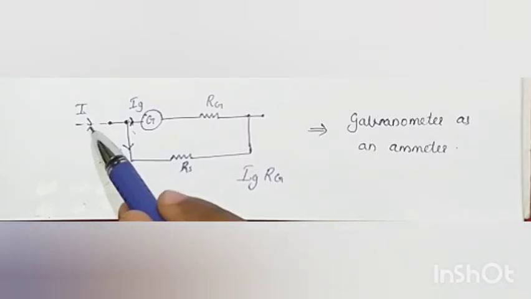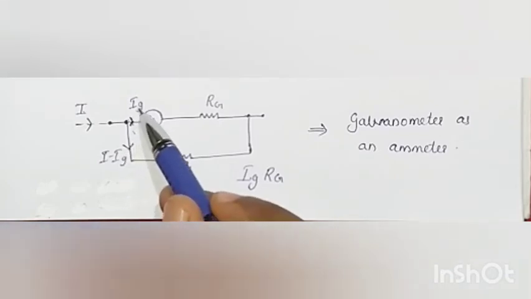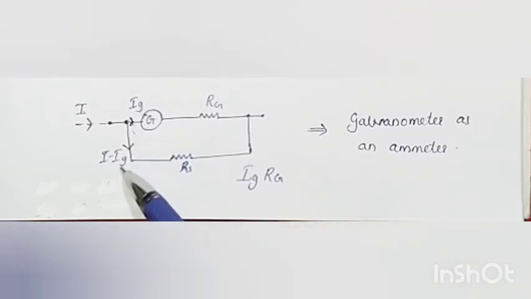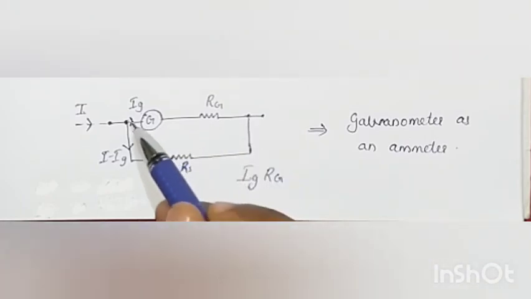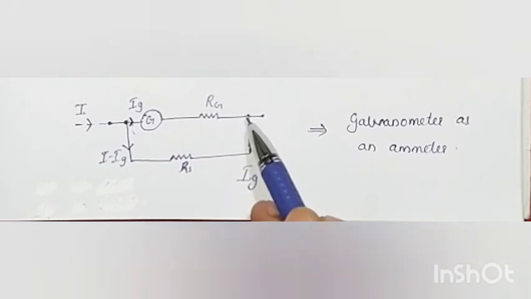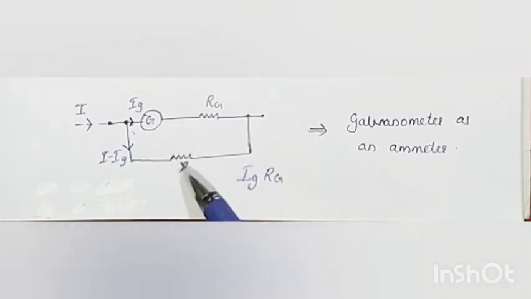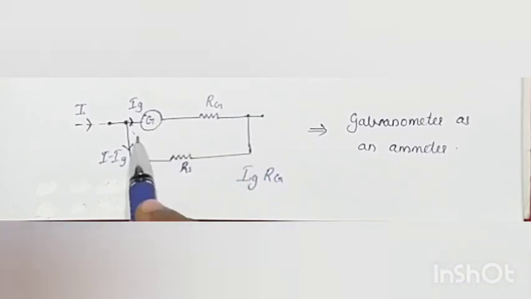Here we can see that the total current I is split into two branches. One is Ig and the other is I minus Ig. And these two branches of the circuit have common points, and therefore the potential difference, or the voltage, across these two branches will be the same. And voltage can be written as current into resistance.